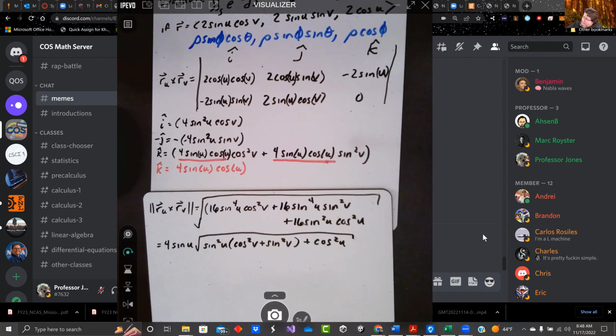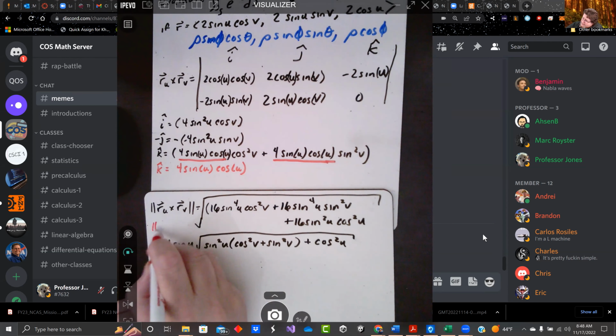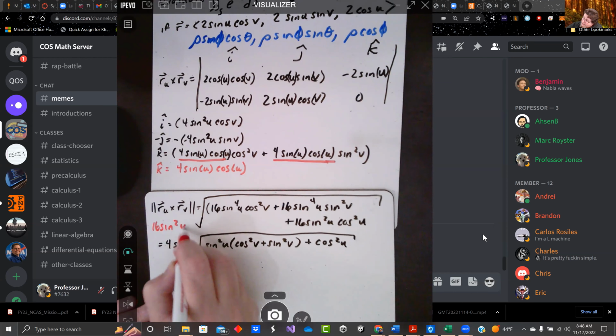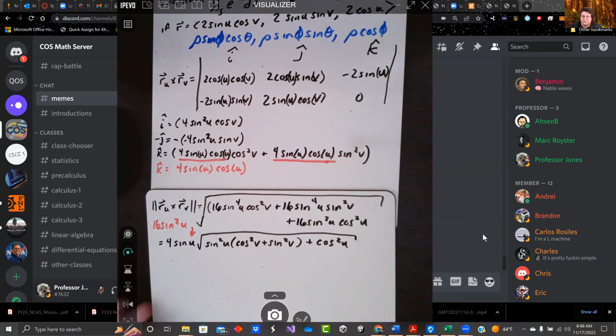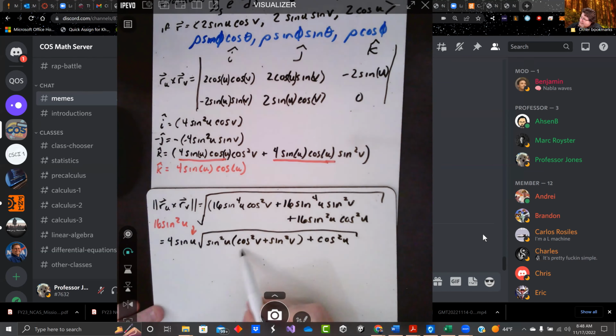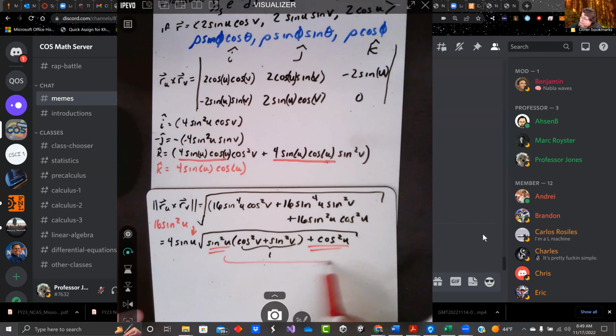So I will write what came out. We pulled out a 16 sine squared u. That's what became the 4 sine u. So divide all of those by 16 sine squared u, and we can see that goes to 1. And we're left with sine squared u plus cosine squared u on the inside, and that equals 1.